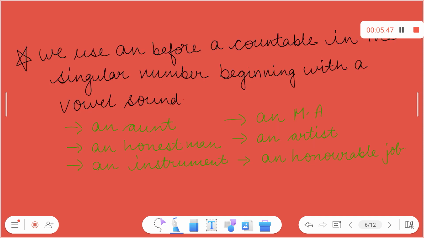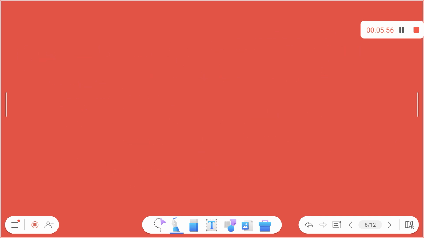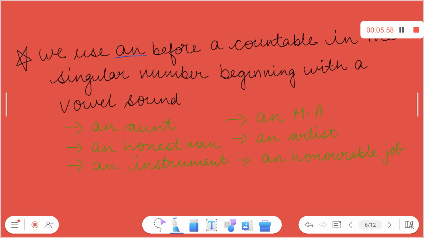Alright. Now we see, we use an. Earlier what did we study? We studied about a. Now we are going to study about an. Where do we use an? Now comes the vowel sound. We use an before a countable in the singular number beginning with a vowel sound.